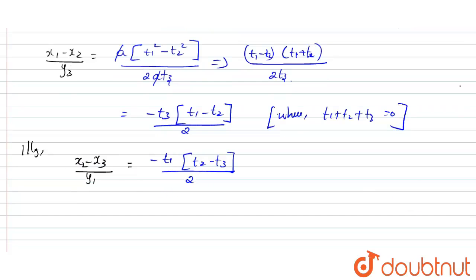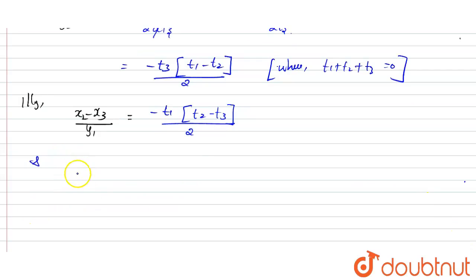And the third term, (x3 minus x1) divided by y2, equals minus t2 times (t3 minus t1) divided by 2. So these are the individual values here.